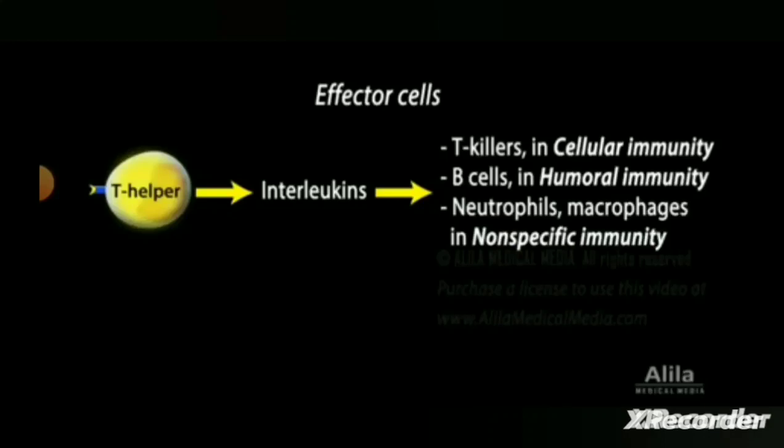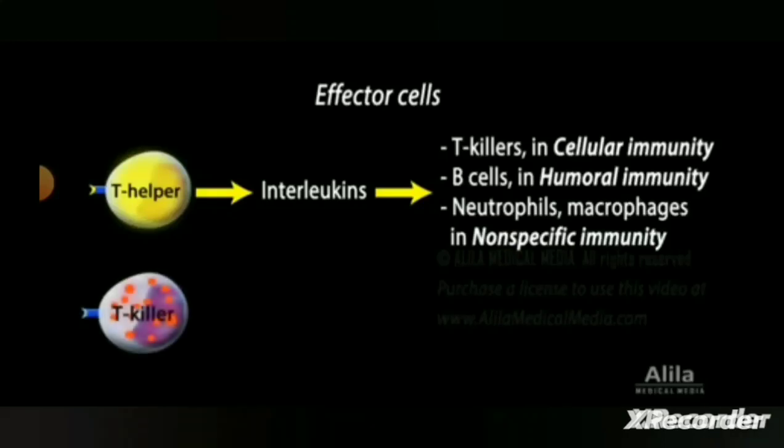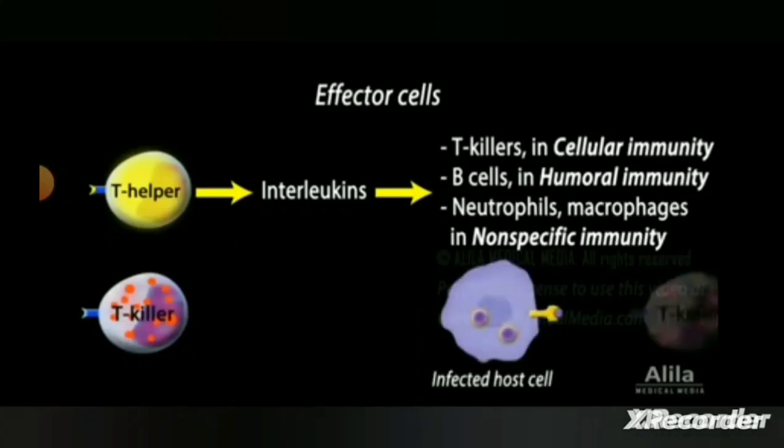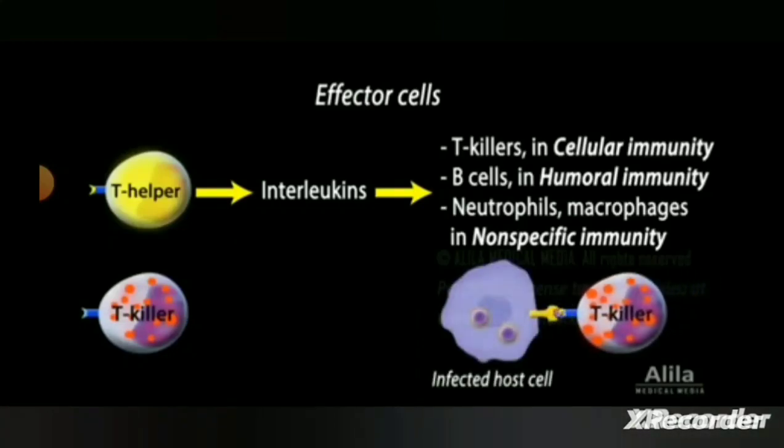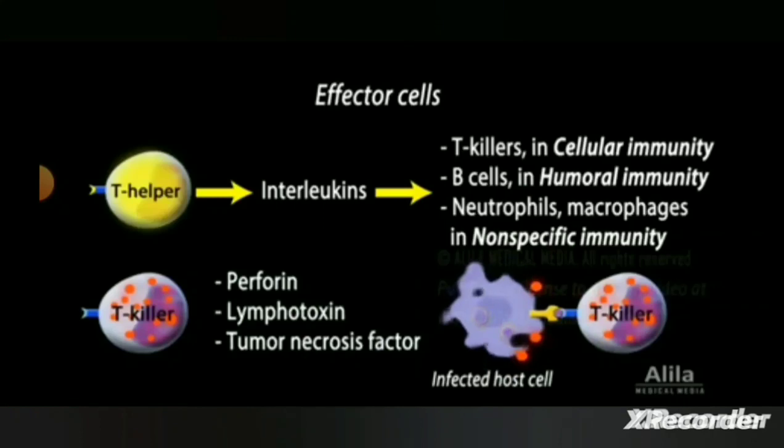Killer T cells are the main cells of cellular immunity. They release toxins and directly kill the affected and cancerous cells.